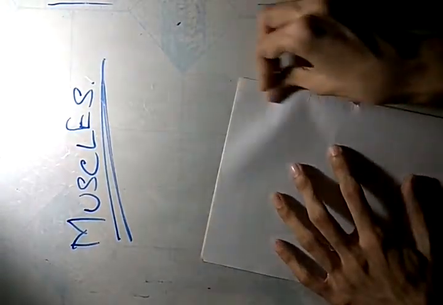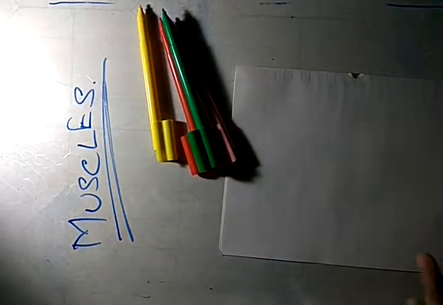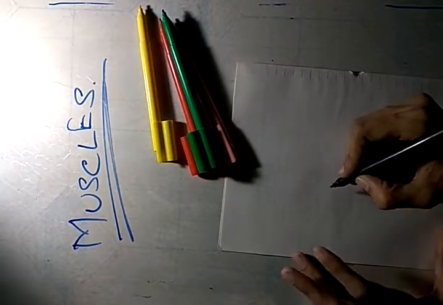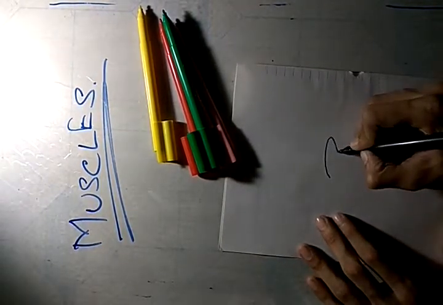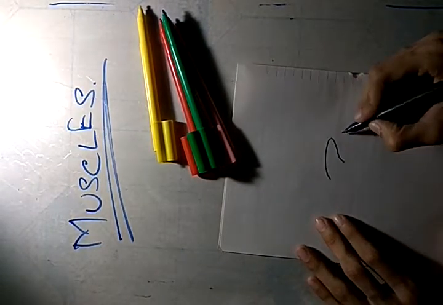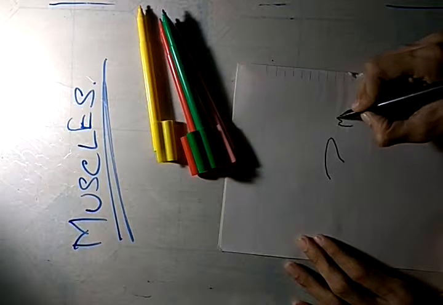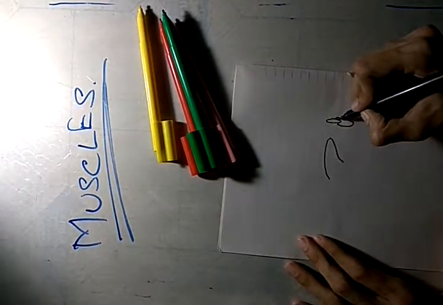For making extrinsic muscles, you should be very careful how you are making your diagram, because if you don't place things rightly, you won't be able to attach the muscles in your diagram. We know this is our tongue. In front of our tongue we have teeth, so let's make an incisor embedded in our jaw.